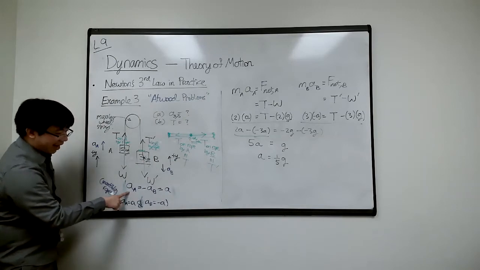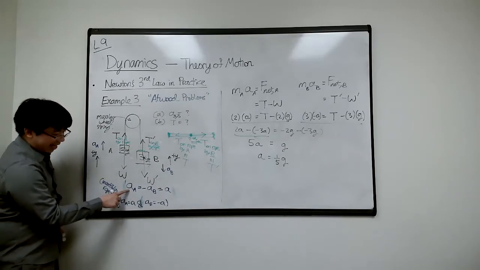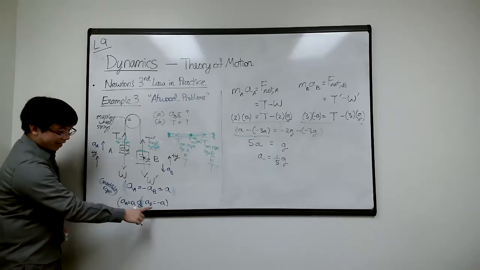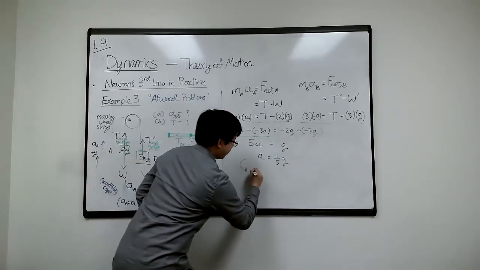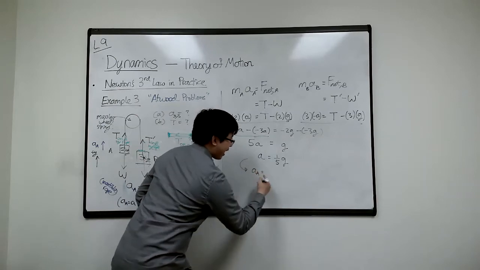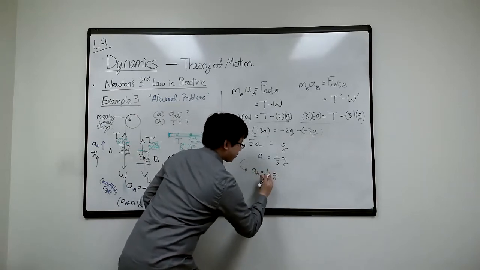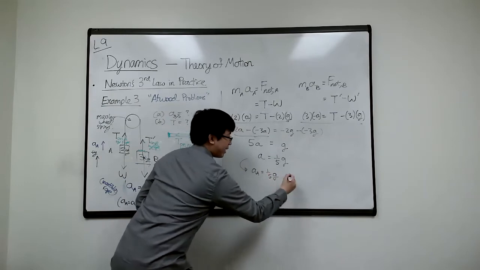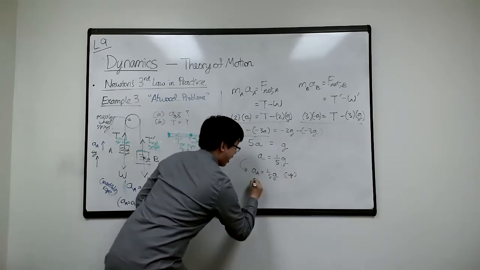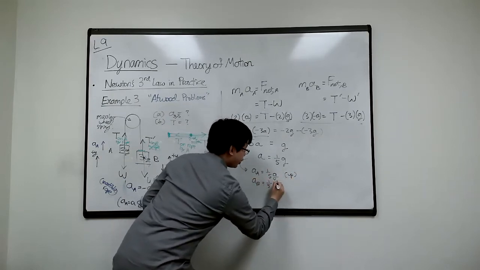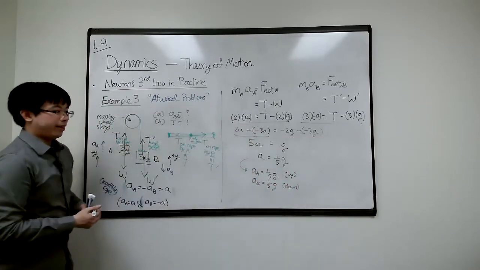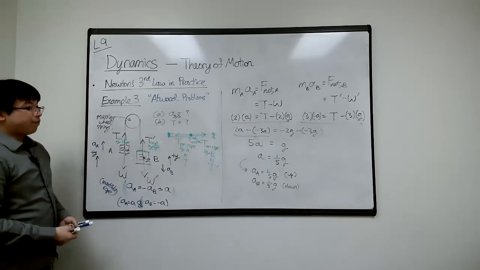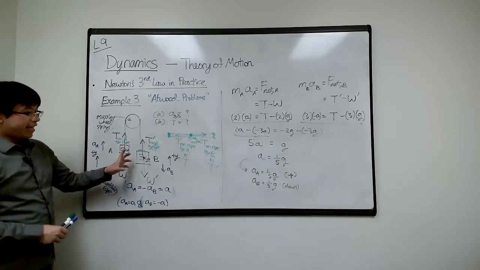A is the same direction as the acceleration of block A, and it's the negative of that for B, so just to be clear, if we properly answer our question, AA is 1/5 of G in the upwards direction, and AB is 1/5 of G in the downwards direction. So we write that down. That's exactly what we expect.